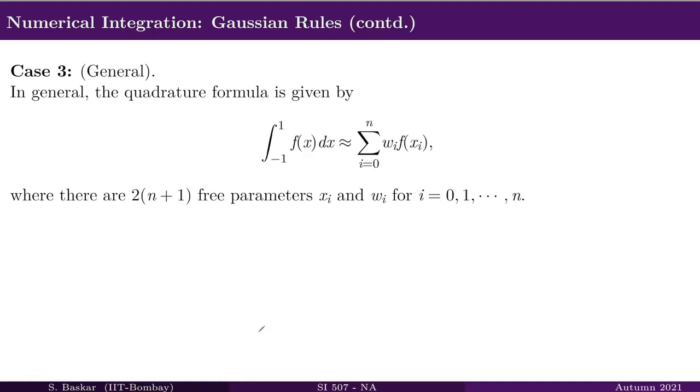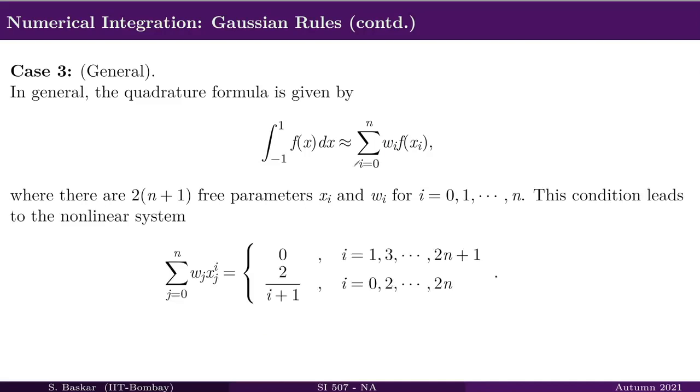In the same way, you can go ahead and derive the Gaussian quadrature rule for n equal to 2, 3, and so on. As I told, they give rise to more complicated nonlinear equations. I will not ask you to derive the Gaussian quadrature rule for n equal to 2 or 3. However, I will just tell you how in general they look, at least the equations.